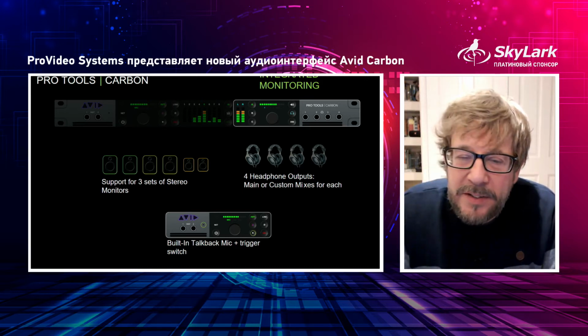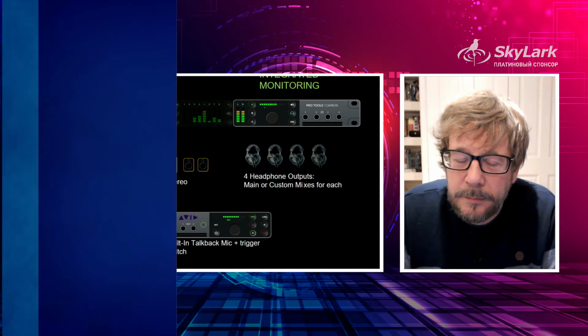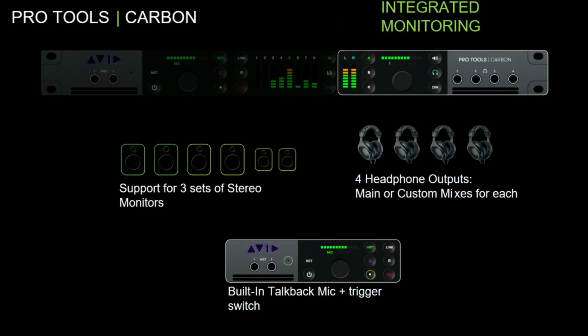We also have built-in talkback mic. So that means that we can then communicate with the people in the studio. You can also trigger the talkback mic using a foot switch.